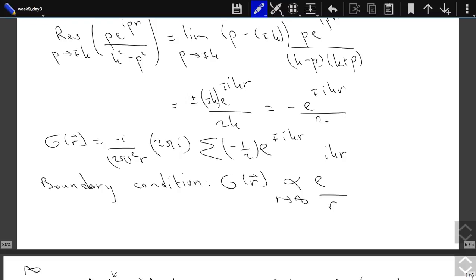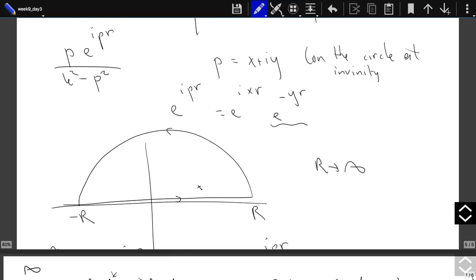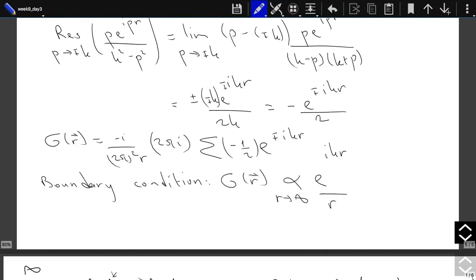So basically, we are keeping the lower sign, so I'm moving this one above and the other one below my contour, so that only this pole contributes. All possible choices of shifting the poles are solutions of my differential equation. There's no problem with that. But I also have the boundary condition to satisfy, and that boundary condition fixes my solution.